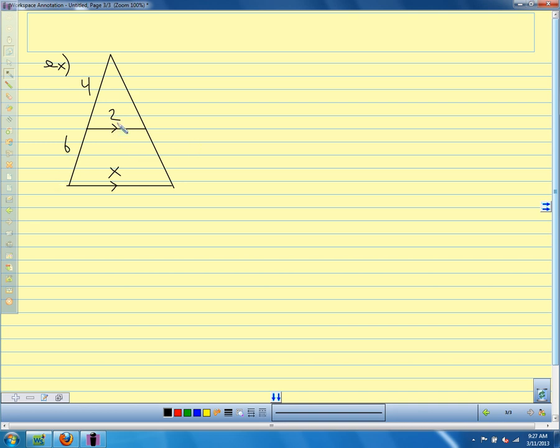So now instead of the parts of the sides of the triangle, I have the base of this small triangle and the base of this big triangle. Now what a lot of people are going to want to do here, the mistake that people make, is they say 4 divided by 2 equals 6 divided by x.